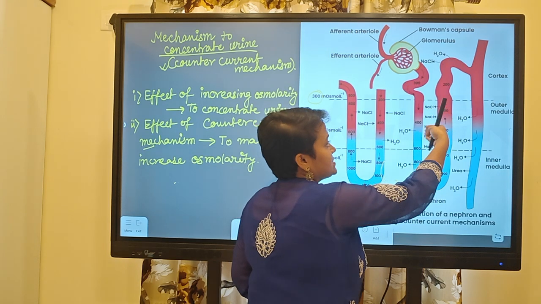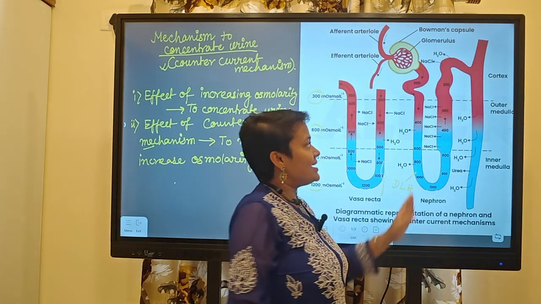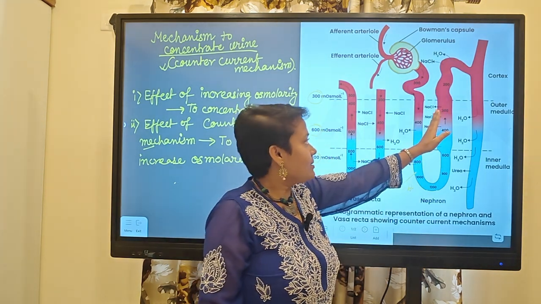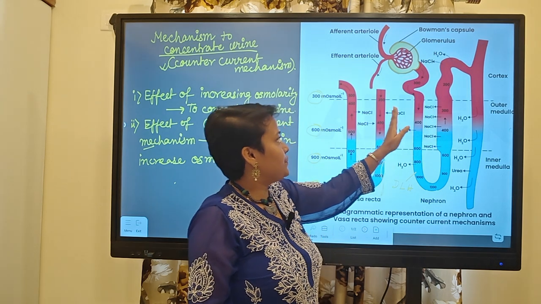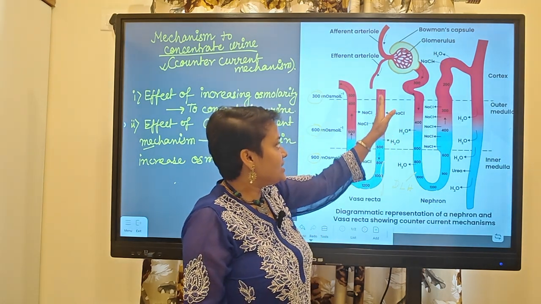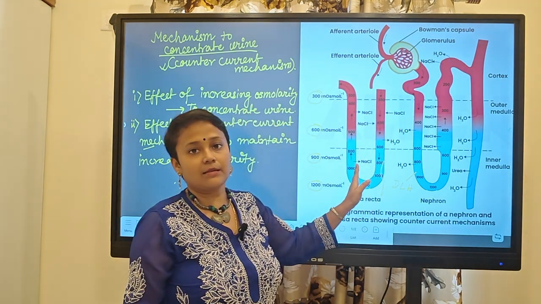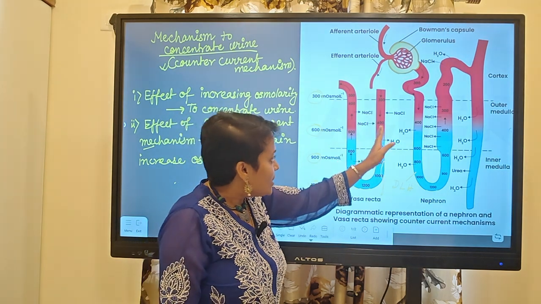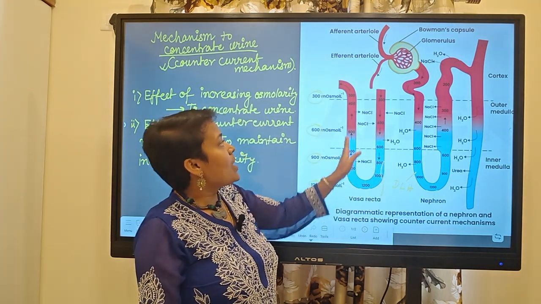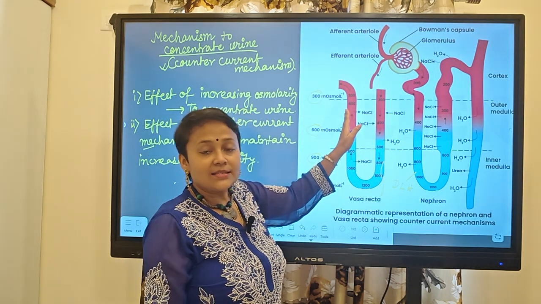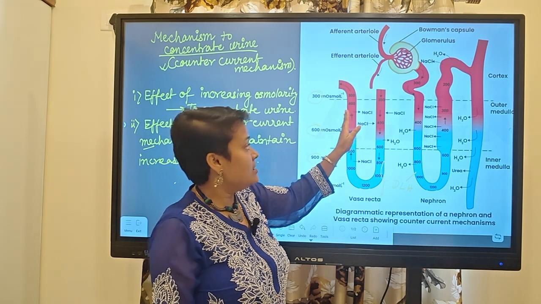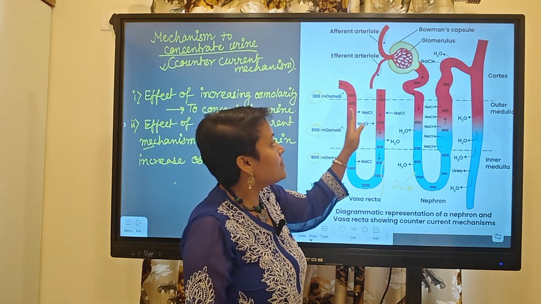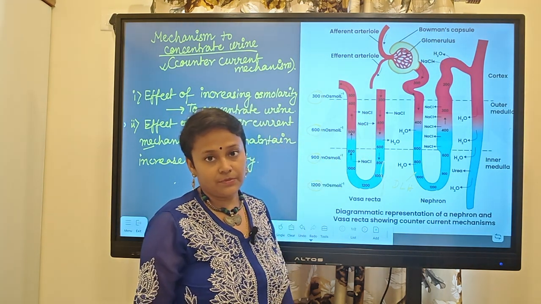Now, if NaCl comes out, that NaCl will be readily taken by the descending limb of vasa recta. And when the NaCl goes upward by the ascending limb of vasa recta, the NaCl will come out to the interstitium.